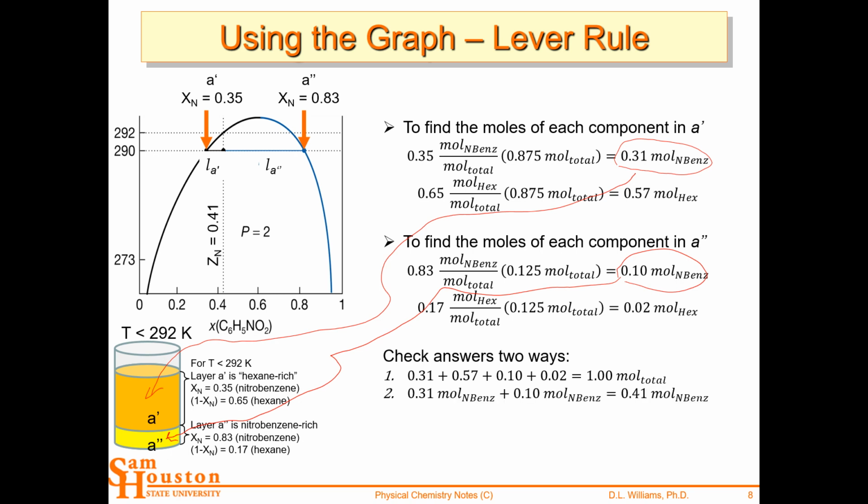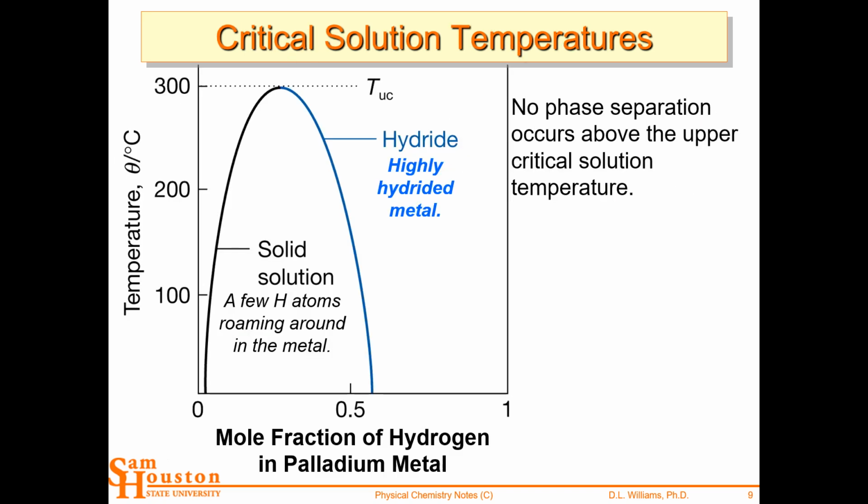And then you can also check to see if it hits the isopleth value. So just looking at nitrobenzene, we add up the moles of nitrobenzene and we get 0.41 moles, and that's going to be our mole fraction in our isopleth, Z. So 0.41 divided by the 1 mole total gives us that Z value, which we started with. So that's always nice.